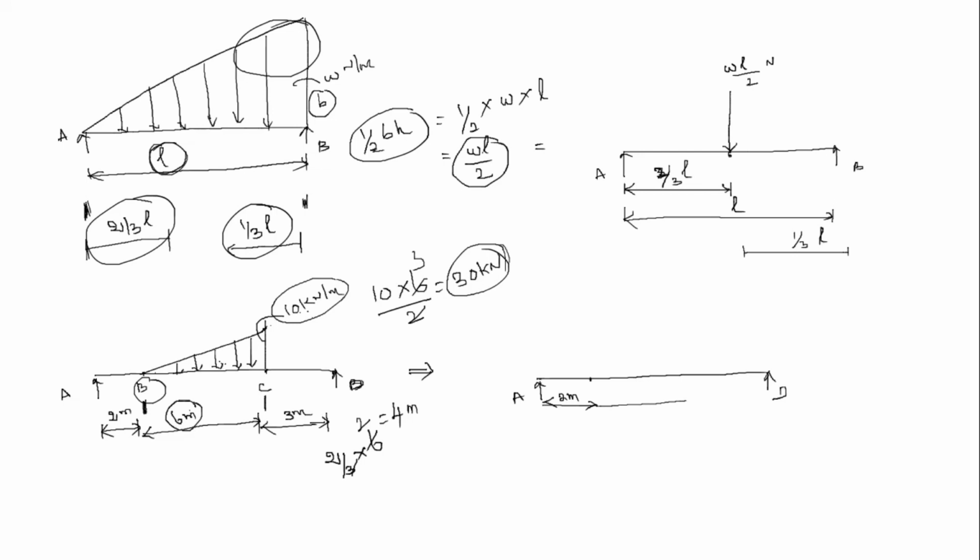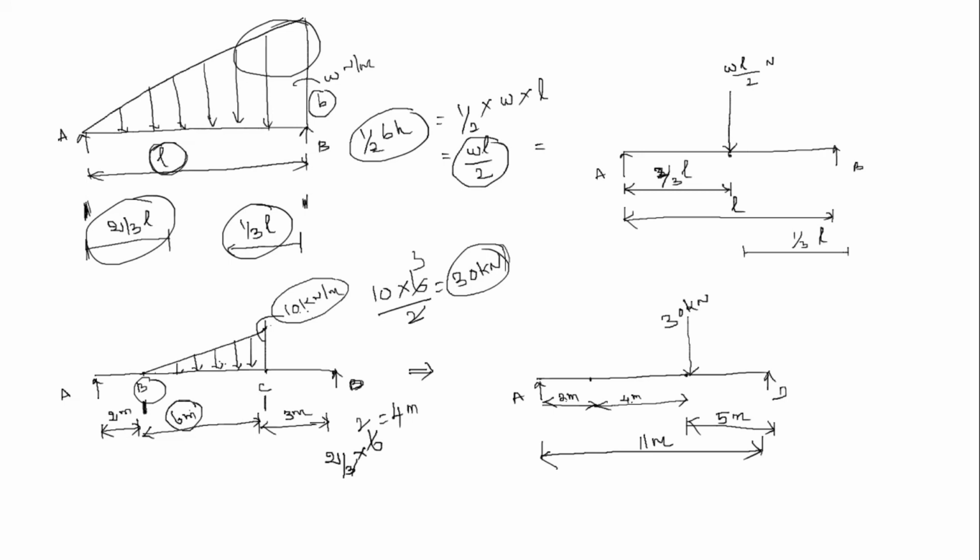This is the point where the point load of 30 kilonewton is acting. So the total distance is 4 plus 2, which is 6 meter. What is the distance from D? It is 5 meter.